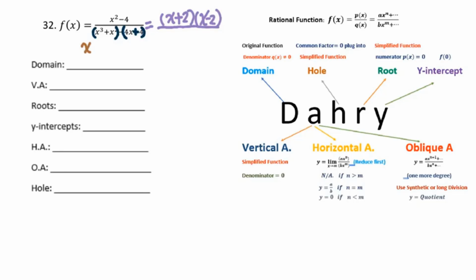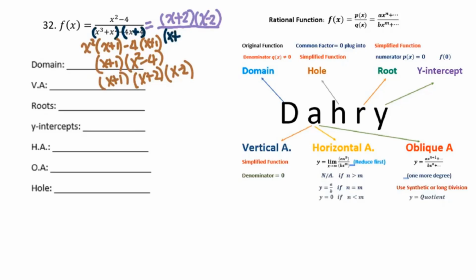Then we got x squared times x plus 1 minus 4 times x plus 1. So we take x plus 1, then you get x squared minus 4. Keep factoring, you will get x plus 1, x plus 2, x minus 2. Write down over here x plus 1, x plus 2, x minus 2.